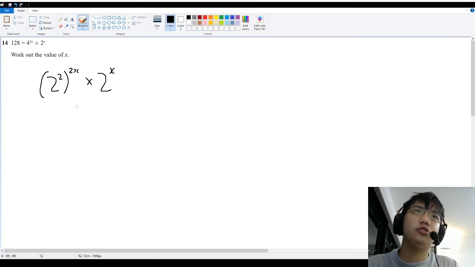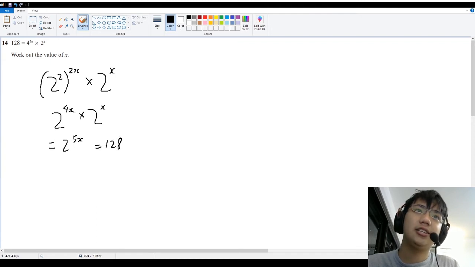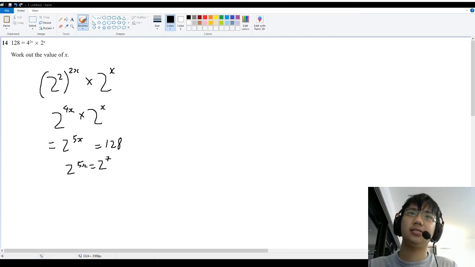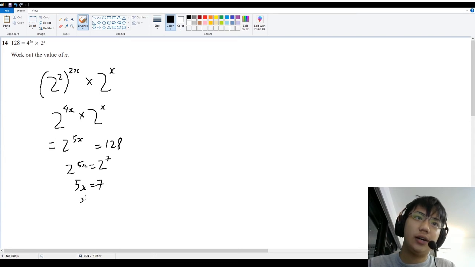So that is 2 to the power of 4x times 2 to the power of x, which is equal to 2 to the power of 5x. That equals 128, and 128 is equal to 2 to the power of 7. So 5x equals 7. Therefore, x equals 7 over 5, which equals 1.4.